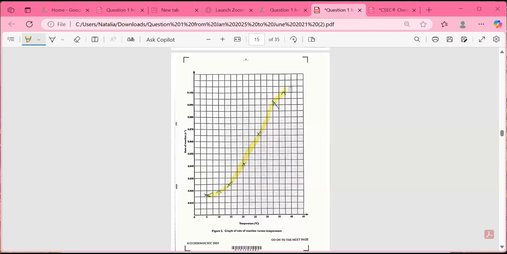So when you plot the graph, the graph is shaped like a smooth curve. So we would connect a smooth curve through the points.